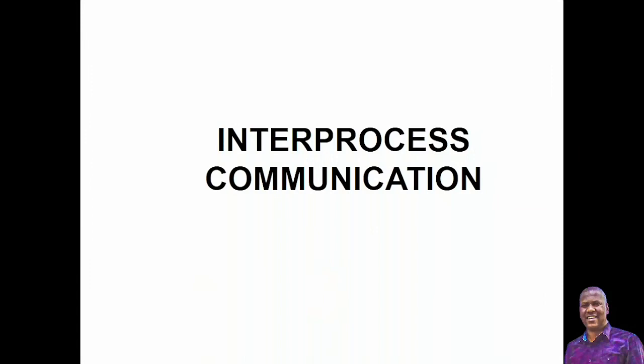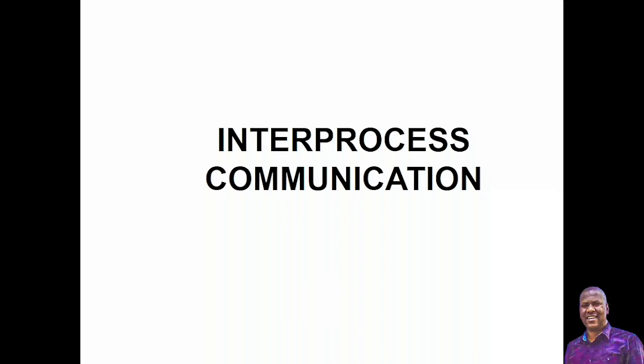Now we are going to look at interprocess communication, which is a way of how two or more processes communicate within distributed systems, right? The concept of inter-process means we must have more than one process communicating.